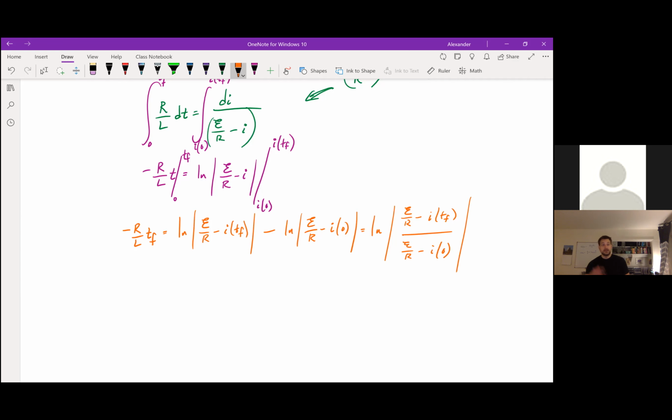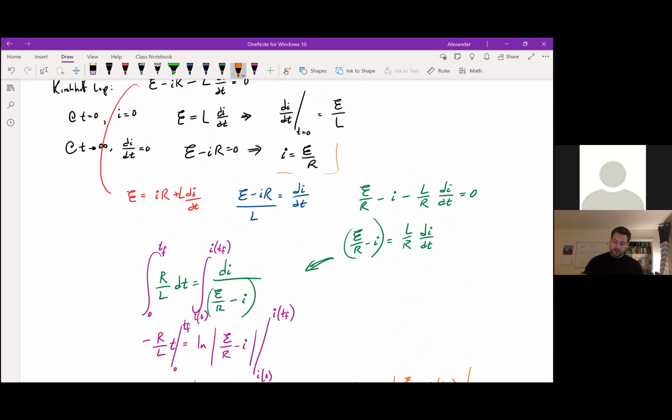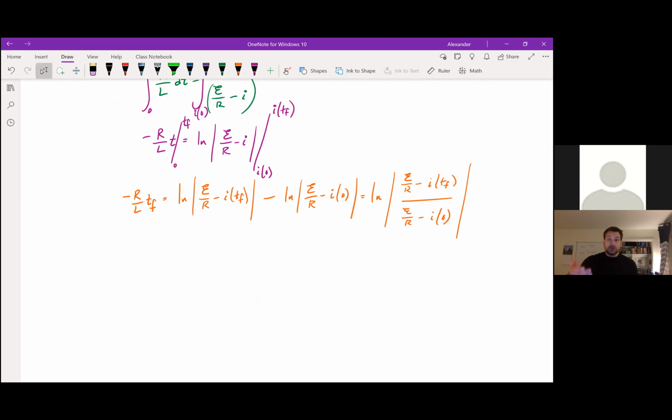Since we're in the charging up mode now, EMF over R is the long-time steady state current in the circuit. So the current starts at 0 and is going to grow to that asymptotic value.